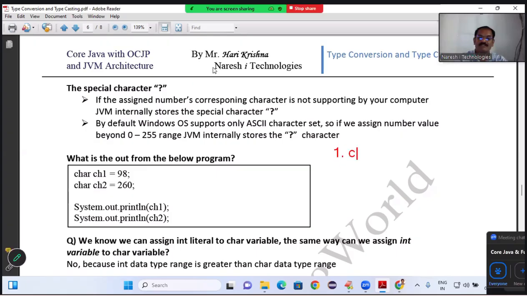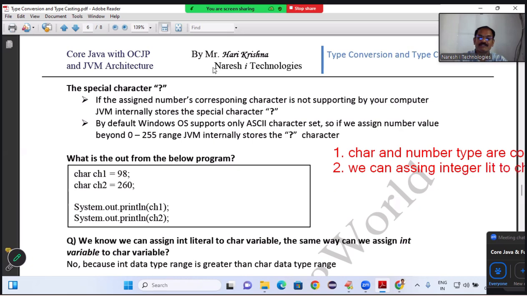So, 3 to 4 points in total. Point number 1, char and number types are compatible. Second, we can assign an integer literal to a char variable. Number 3, we can assign a char literal, I'm stressing, literal, to any number variable.